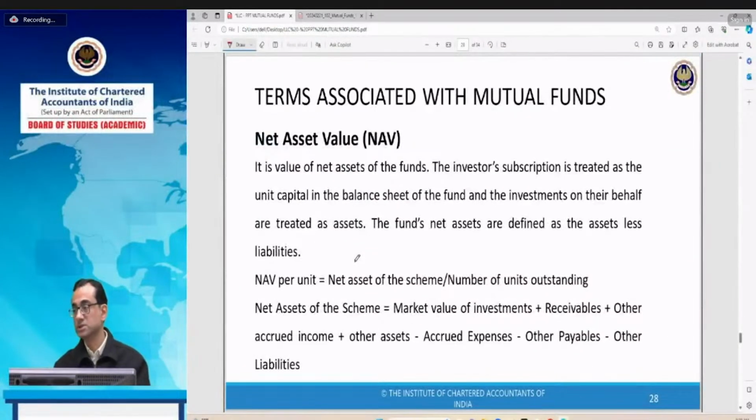Now come to some of the terms associated with mutual funds. One of the most important terms used in the mutual fund is the net asset value. Net asset value basically is assets.